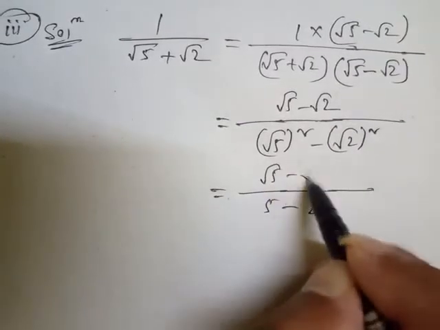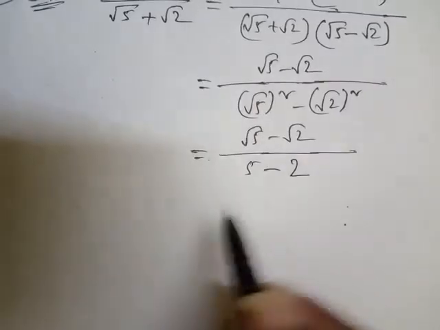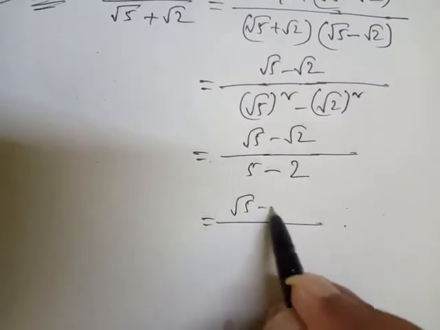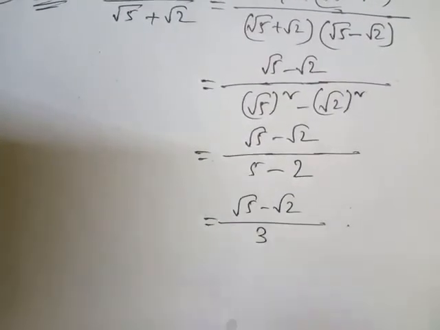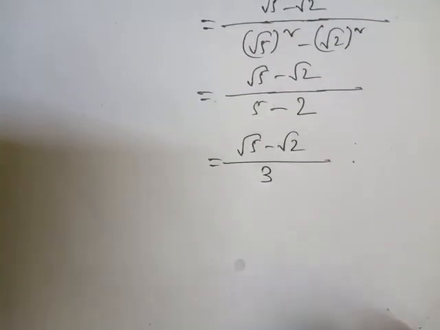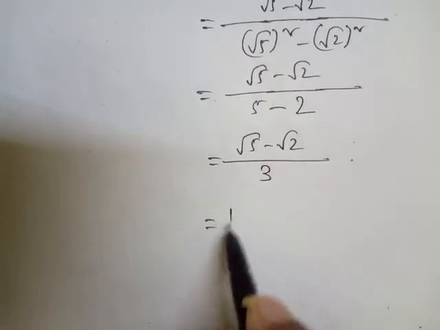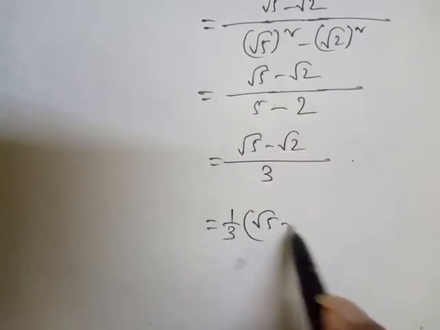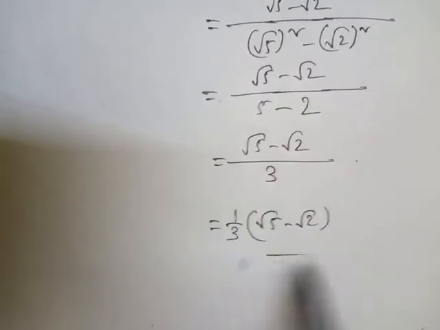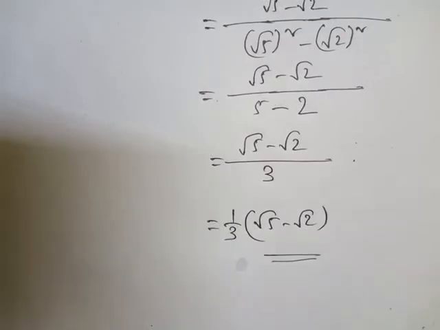Now root 5 minus root 2. Now next there is root 5 minus root 2, and 5 minus 2 is 3. We can write the answer like this, root 5 minus root 2 by 3, or we can write it like this also, same things only. This is the answer of Roman 3.